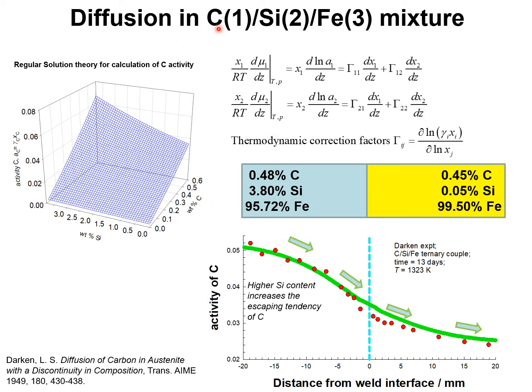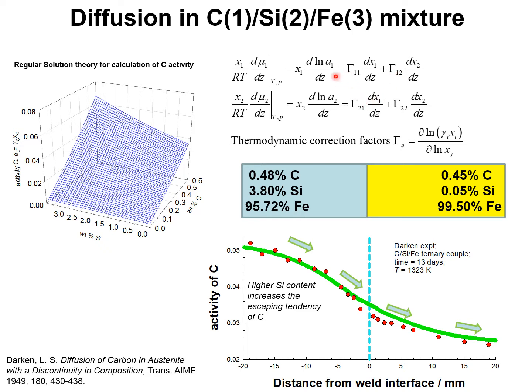For the ternary mixture of carbon, silicon, and iron, there are two independent chemical potential gradients that can be related to the gradients in the weight percent of carbon and the weight percent of silicon by the thermodynamic correction factors gamma that can be calculated using a model such as the regular solution theory, and the addition of silicon for a given weight percent carbon increases its activity, and therefore these factors, the gamma 12 and gamma 21, are non-zero and have significant magnitudes.